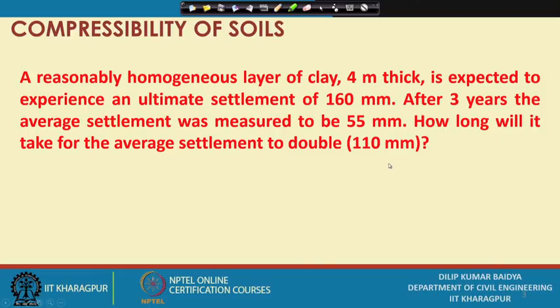So, 55 millimeter in 3 years it has come. To become double, how much time will it take? This is the problem. So, we have a 4 meter thick clay layer that was consolidating.